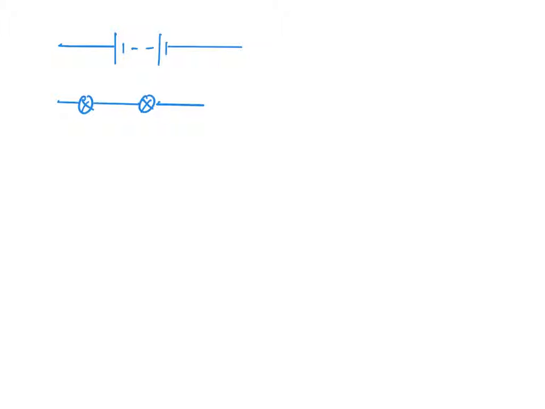So the ammeter goes in series with that light bulb, so it's got to go in as part of the main loop that makes up the circuit. Whereas the voltmeter goes in parallel. Now remember, in parallel means in separate branches. So the voltmeter has its own wee branch connected either side of the bulb, and these wee dots represent joins.